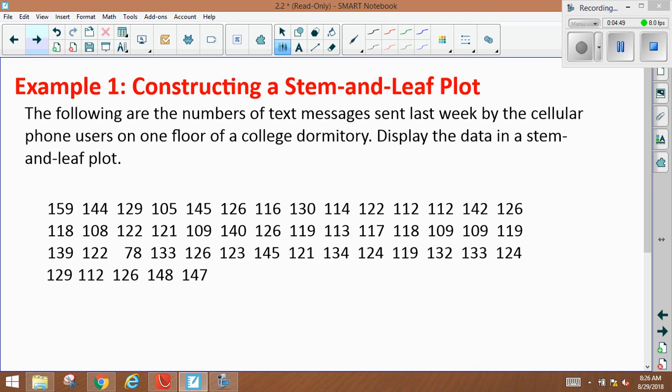So you have 2 options. You can either round to the tens place, and then you'd only have 2 digits, or you could make your stem 2 digits. That is okay. It's okay to make your stem 2 digits. That's like the first one, like 15, and then on the right side would be 9. Exactly.